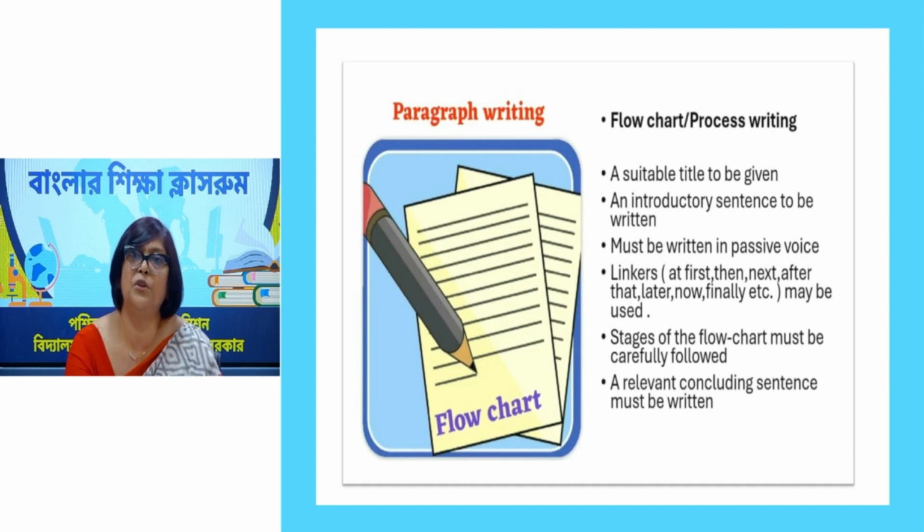After that we usually write, at first we go to the market and bring oranges, then we clean them, next we clean and collect them in a basket, next we peel off the covers from them, after that. So these are some of the linkers through which you can join the points that are given.